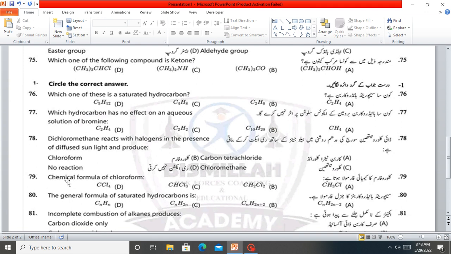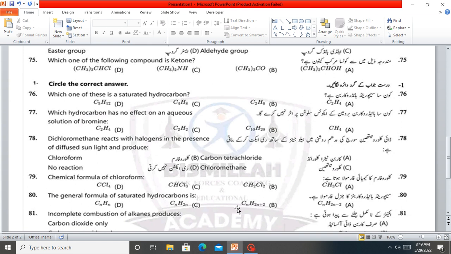The chemical formula for chloroform is CHCl3. That is a methane with 3 chlorine atoms. It's called chloroform. The general formula of saturated hydrocarbons, the formula for alkanes, is CnH2n plus 2.